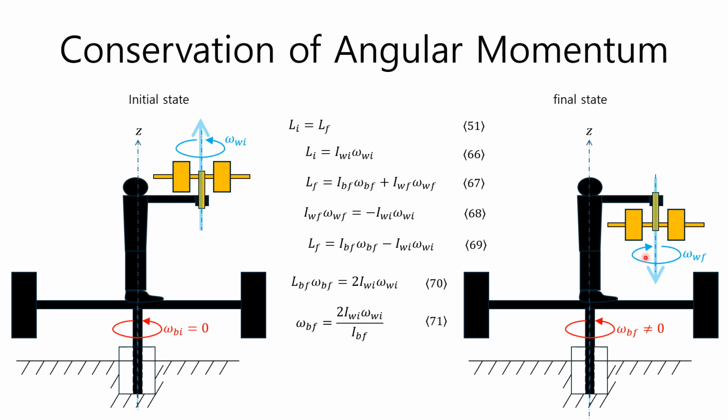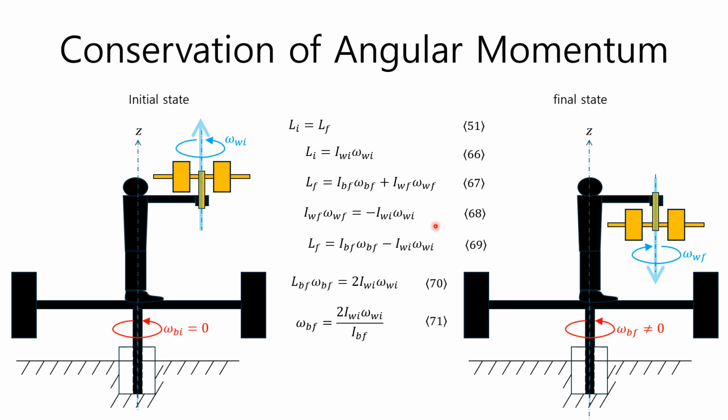In equation 67, the mass moment of inertia IBF includes the black bottom rigid body, a standing person, and the yellow rotational rigid body. Meanwhile, the wheel angular momentum of the final state is equal in magnitude and opposite in direction, because the rotation direction is opposite to that of the initial wheel angular momentum state. Therefore, the relationship between the two can be expressed by equation 68.